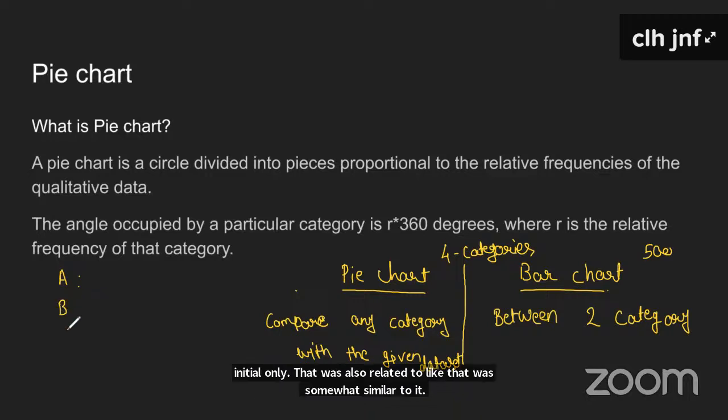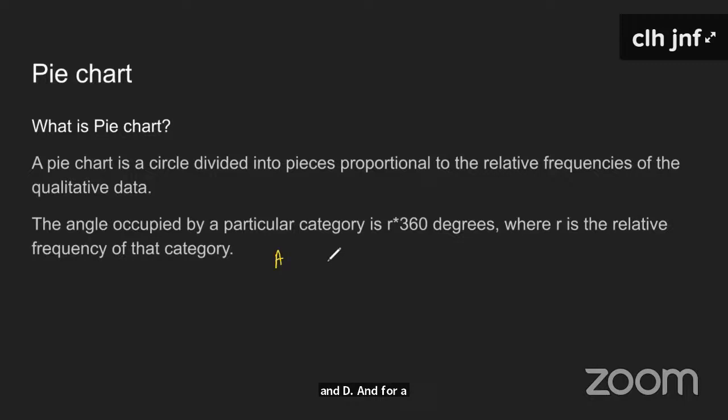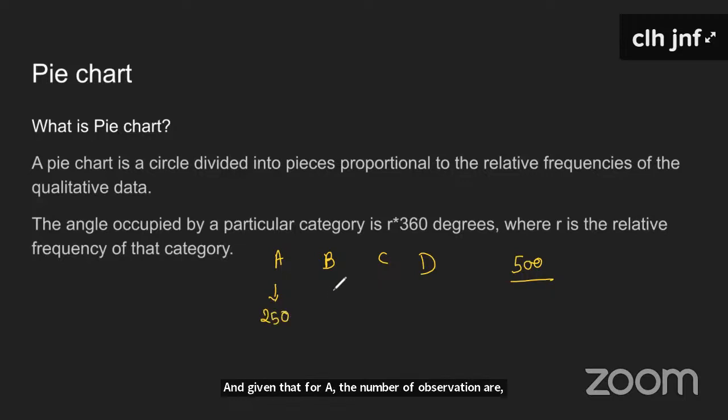Let's say you have four categories, A, B, C, and D, and you have 500 observations. Given that for A the number of observations is 250, for B it's 100, for C it's again 100, and for D it's 50.